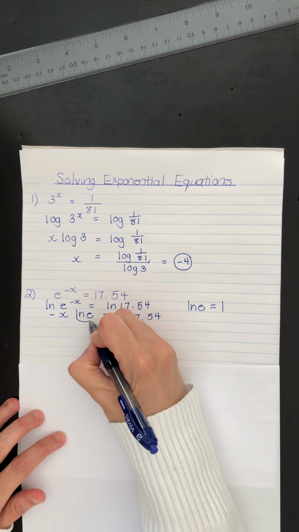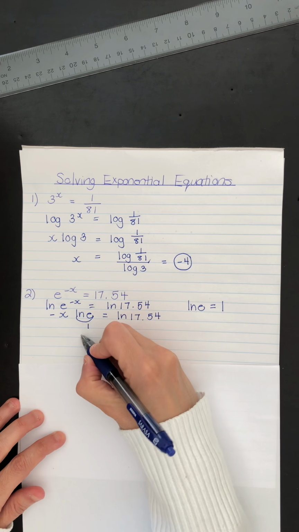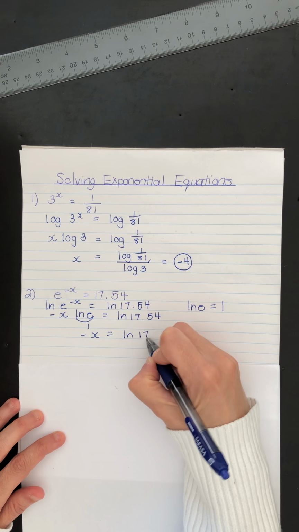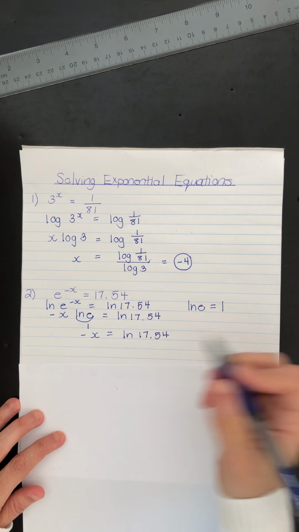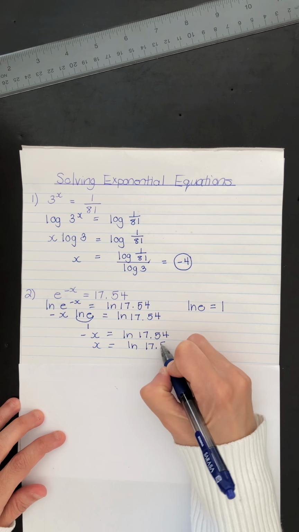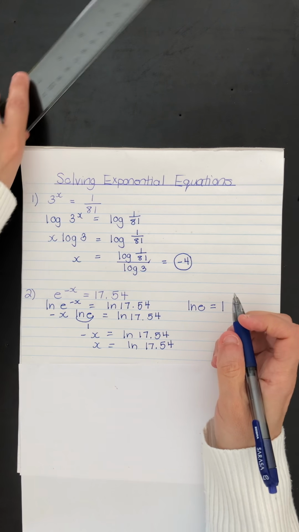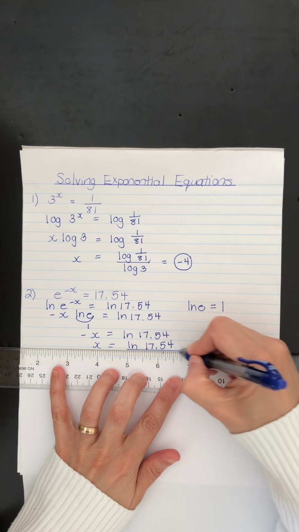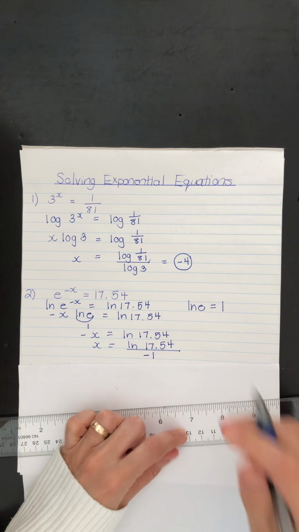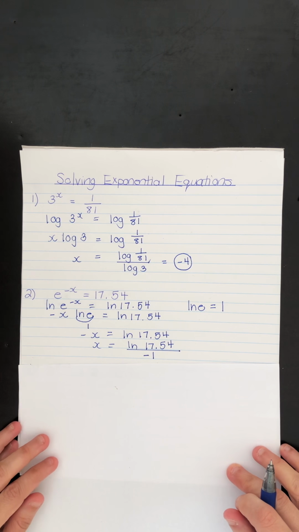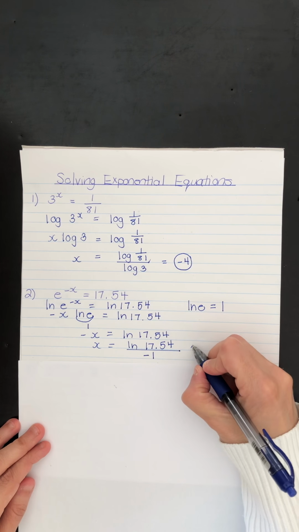So we now have this. -x times 1 is the ln of 17.54. So the value of x is the ln of 17.54 divided by -1. Or just the negative of the ln of 17.54, however you prefer to view that.